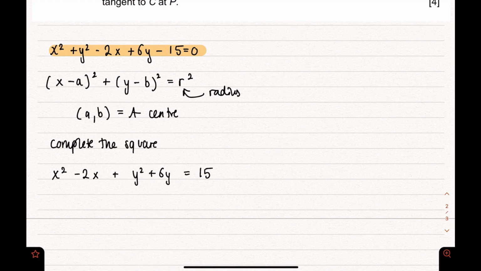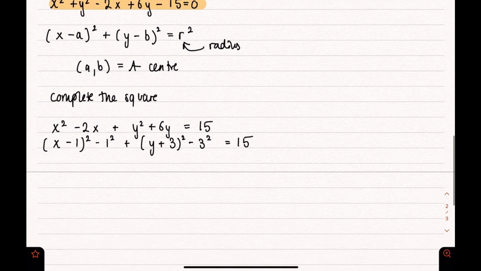So in order to complete the square, let us first do (x minus 1), which is half of minus 2, all squared, minus 1 all squared, plus, let's complete the square for y squared plus 6y to obtain (y plus 3) all squared minus 3 all squared is equal to 15.